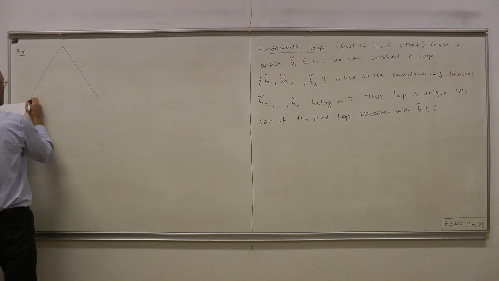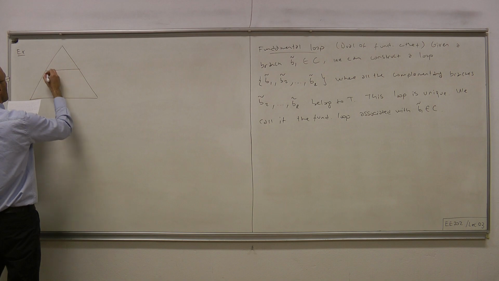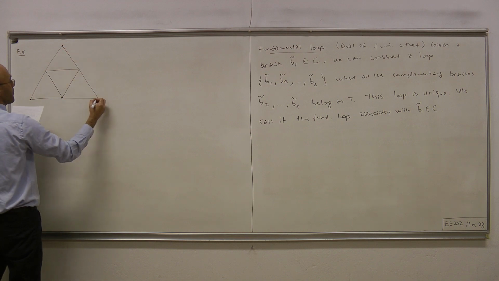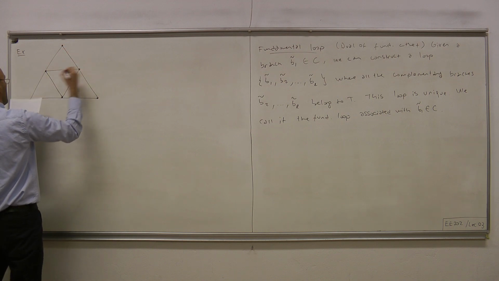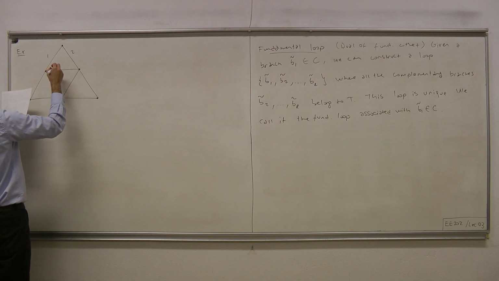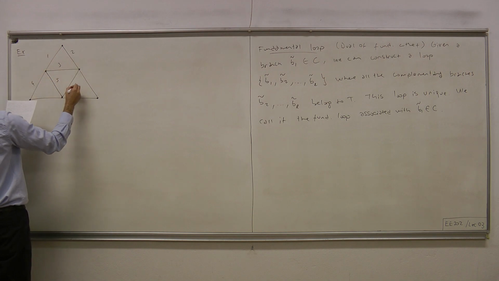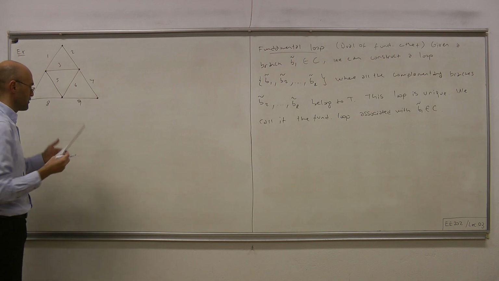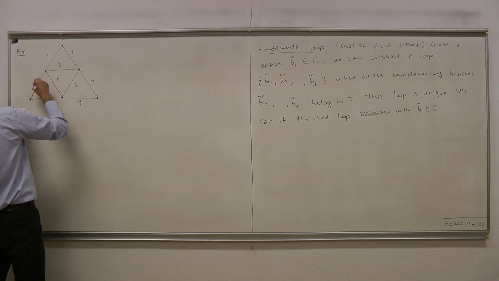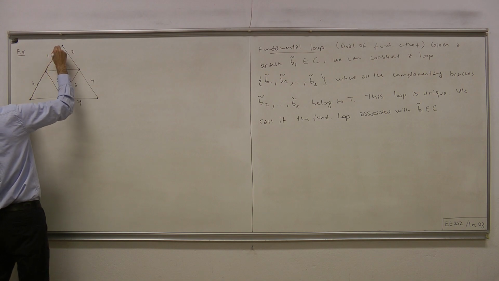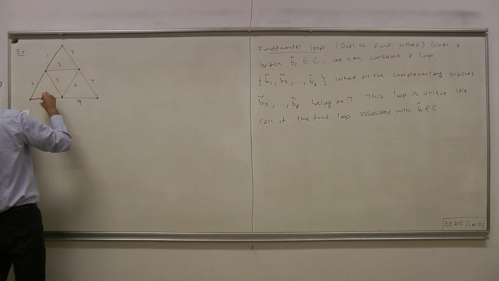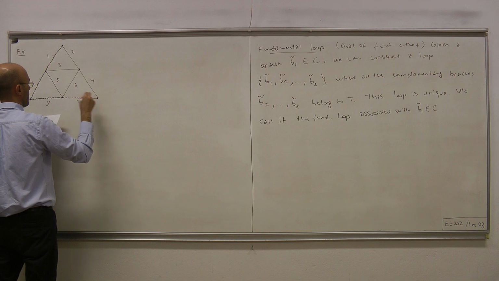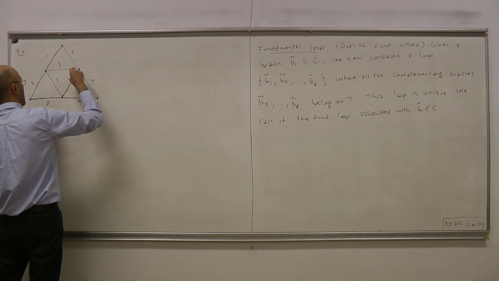Let's use the same graph. The labeling is as before: 1, 2, 3, 4, 5, 6, 7, 8, 9. The tree branches are darkened or thicker. Okay, 1, 4, 8, 9, and also let's pick 6.